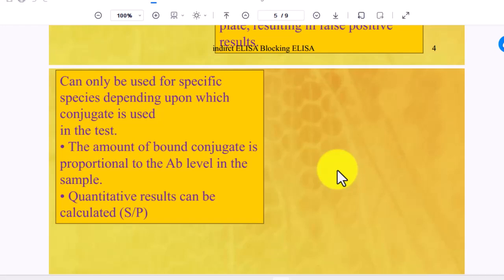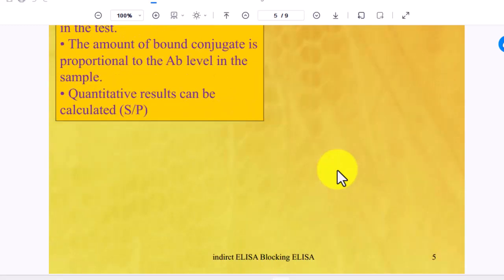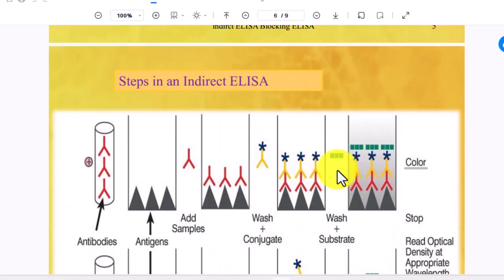The amount of bound conjugate is proportional to the antibody level in the sample. A quantitative result can be calculated as a sample positive ratio, and we will speak about the calculation in full detail.